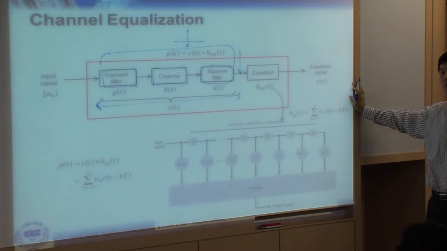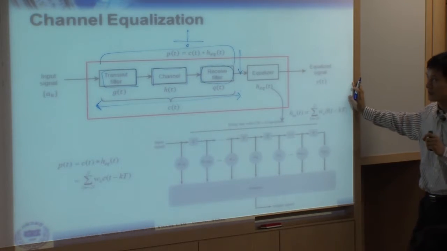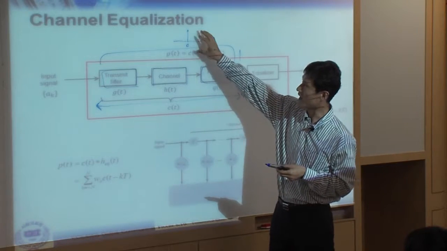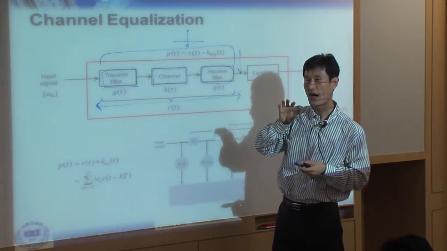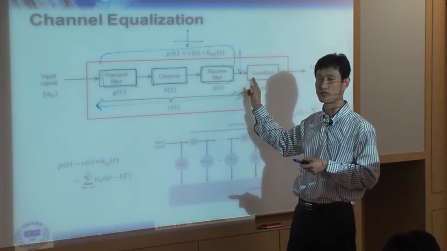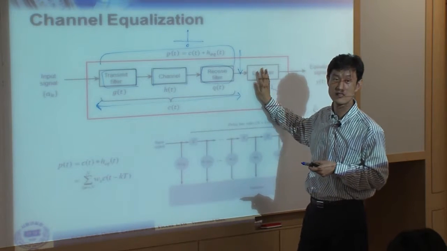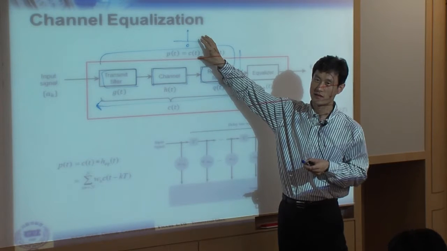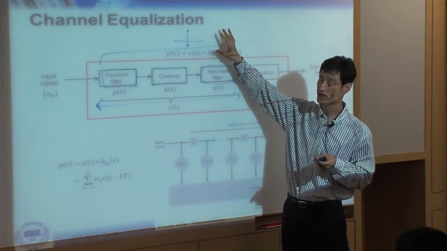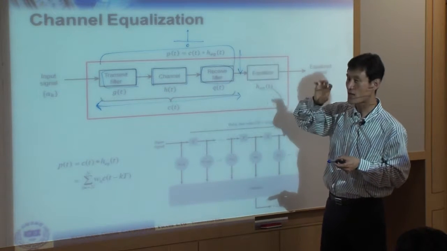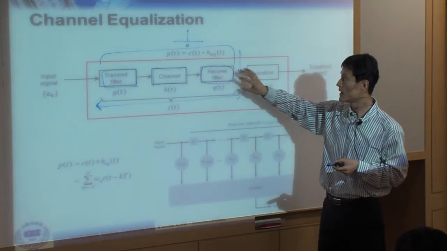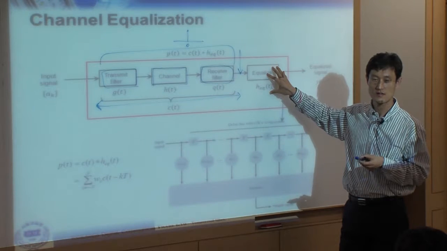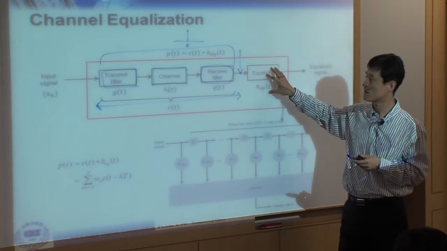What is actually happening in a practical system is that even though we have these filters, things are not perfect. So some of the ISI will go over to the next stage. We cannot make it perfect in reality. So we have some ISI remaining, some interference remained.